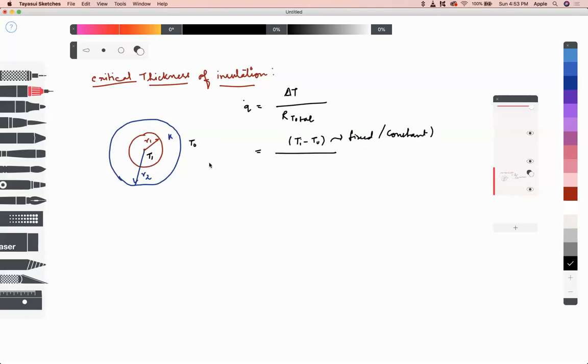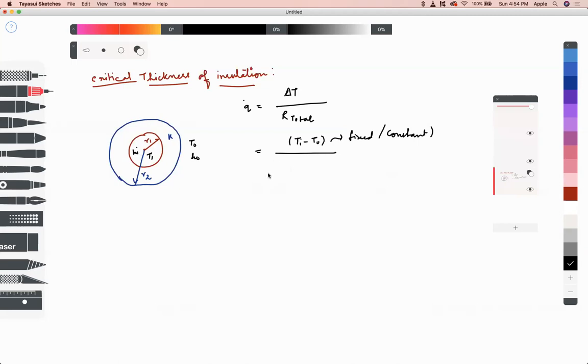The temperature at the inside of the pipe and outside of the pipe is not changing. And when it comes to resistance, we technically have three resistances. One is due to convection here, one due to conduction here, and outside again there is convection. Let's call Hi the convection inside, and H0 the convection outside. So three resistances: convection, conduction, and again convection.